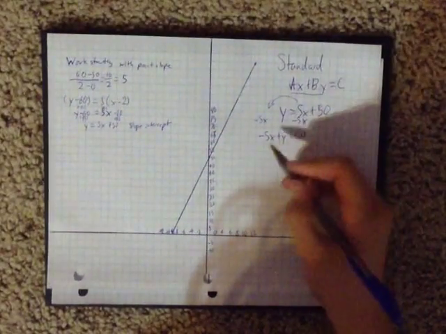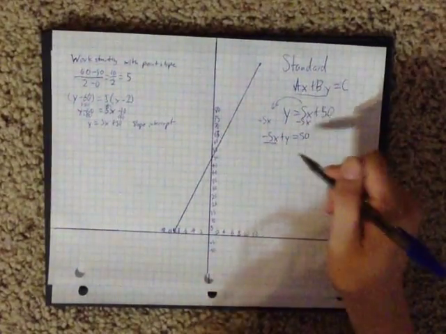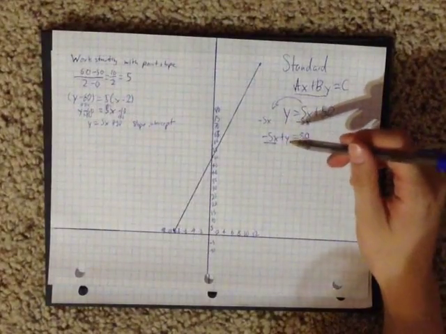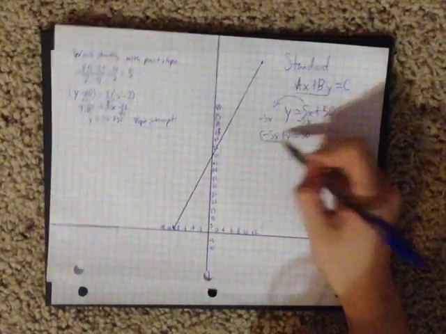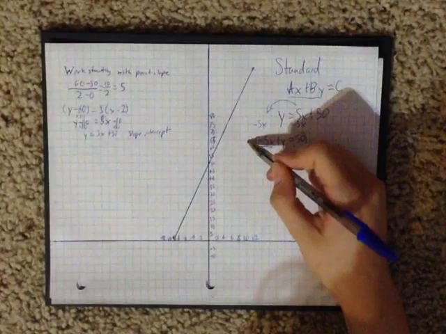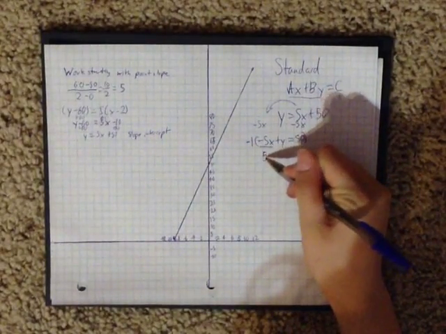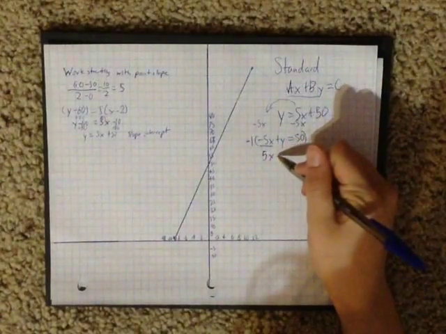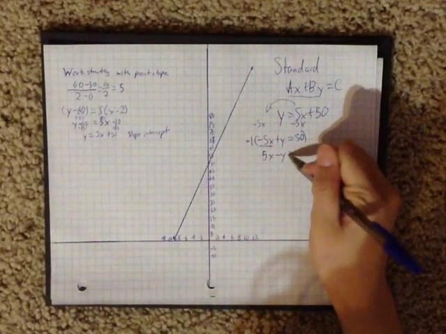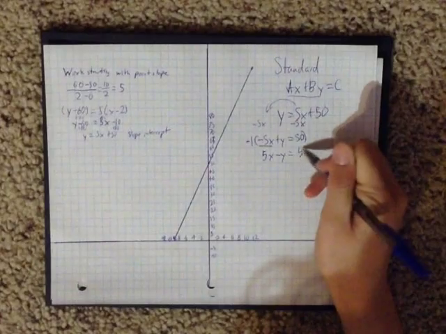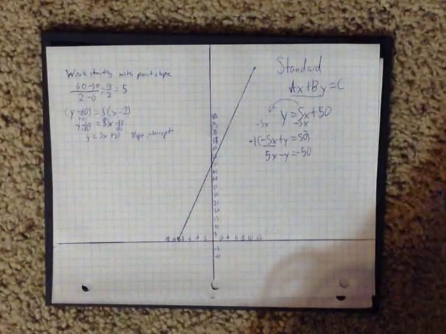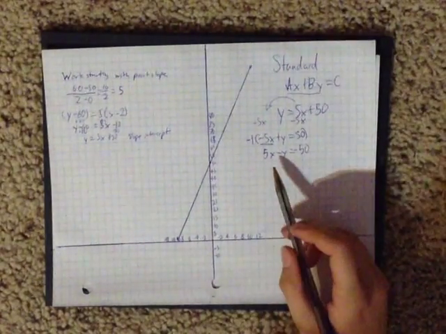However, the 5x is negative, so since we need it to be positive, we're going to multiply the entire thing by negative 1. This means that 5x will now become positive. However, y will become negative and 50 will also become negative. This is going to be your standard equation.